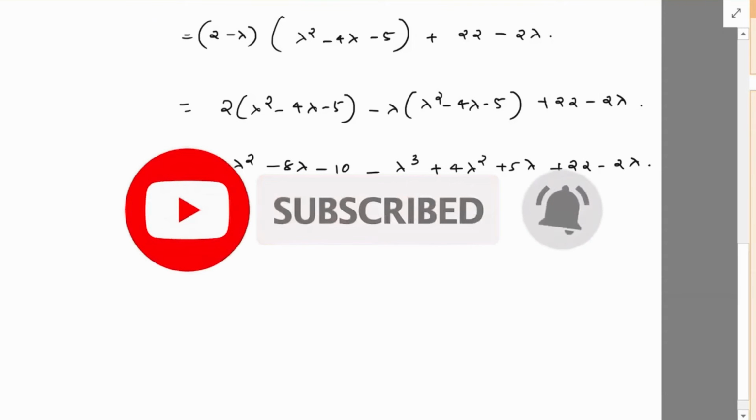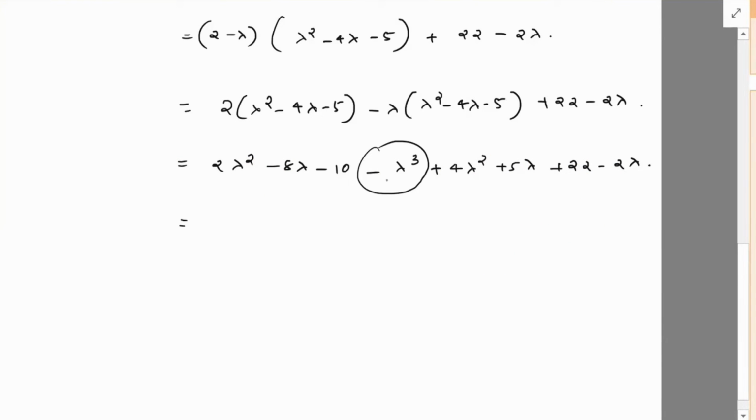By simplifying, there is only one coefficient for lambda cube, which is minus lambda cube. Now add the coefficients of lambda square, that is 2 lambda square plus 4 lambda square, which will be 6 lambda square.